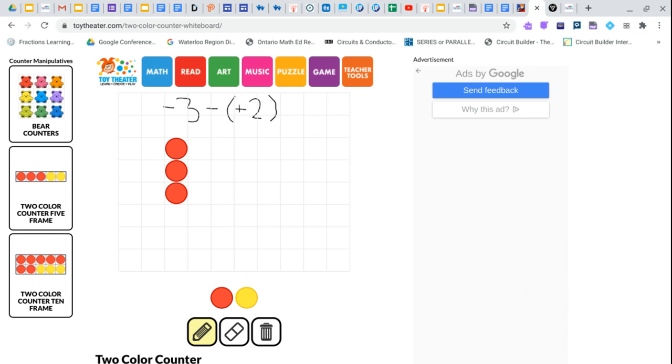Now, this is where we had our zero principle or zero sum property that we've been talking about. And this is where it becomes super useful. I need two positives to take away from this question, but I do not want to change -3 on the screen, which means if I add a positive and I add a negative, I'm still at -3 because this is equal to 0.